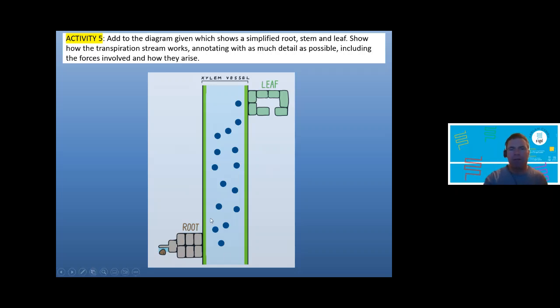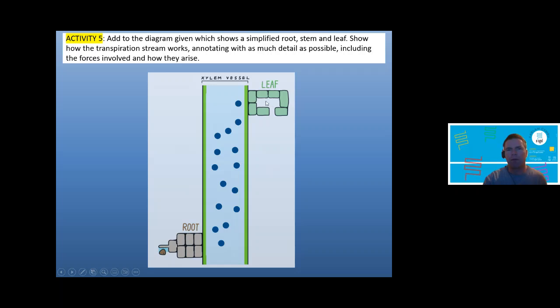So we've got a very simplified situation here. We've got a root down here where we've got some cells. We've got a xylem vessel in the middle. We've got some cells, which are largely going to be parenchyma, and then we've got a root hair cell on the end, and we've got soil and soil water here.